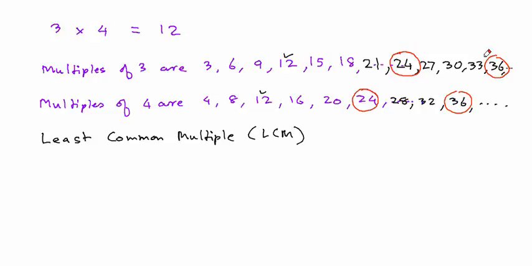I'm sure you can guess the next one should be 48, which is 12 more than 36, and so on. So we could say 12, 24, 36, and so on are the common multiples of 3 and 4. But when we talk about the least common multiple, or the smallest of them all, it's going to be 12.